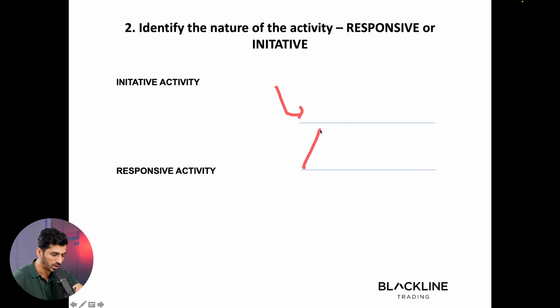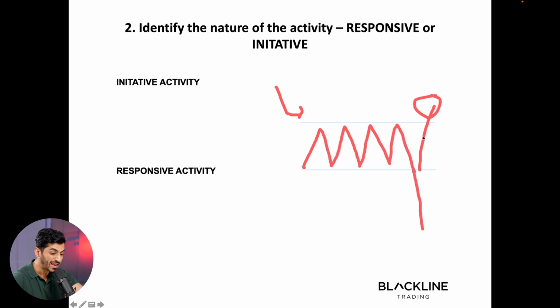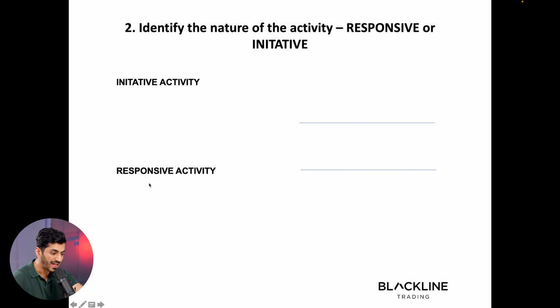Now, this is how the price will behave and move in a structure until something changes and we break out either on this side or on this side. And whenever the breakout happens, those responsive folks or those initiative folks start taking heavy positions and the price starts moving very, very aggressively in one way or another.